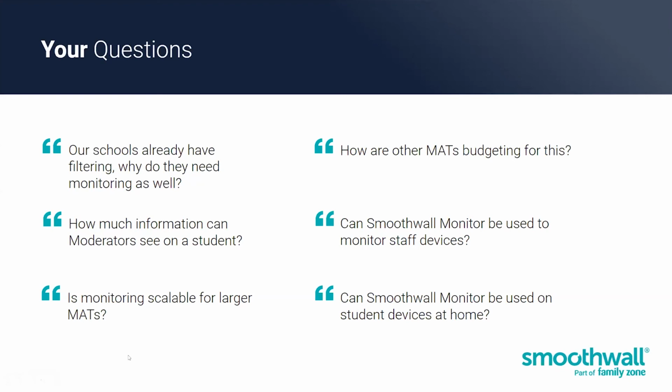So just bear in mind that we have different user bandings depending on the size of your school or trust. The higher the pupil number, the lower the per license cost. Again, that falls in line with that aggregated pricing model that I mentioned earlier. So the cost per student will vary depending on the size of your school or trust. Once we have an understanding of the number of students, we can then give you an indicative cost. It's difficult to give you a static fee because it does vary.